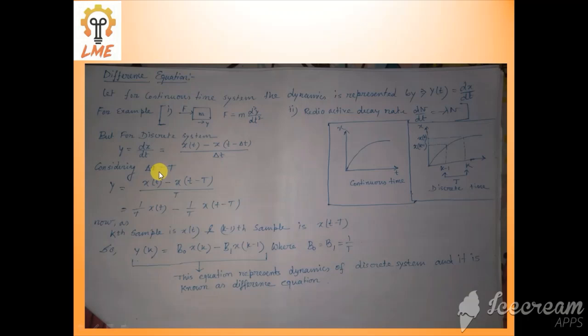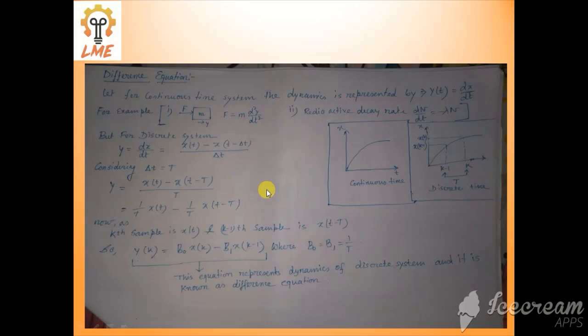Now consider Δt = T, where T is the sampling time. So you can write y = (x(t) - x(t - T))/T. This can be written as (1/T)x(t) - (1/T)x(t - T).